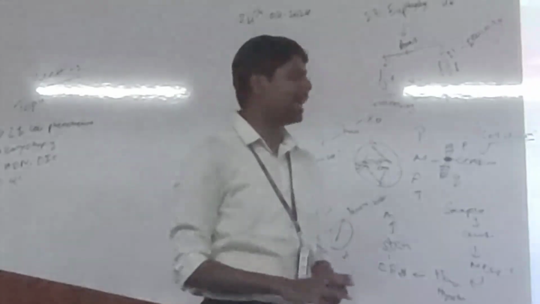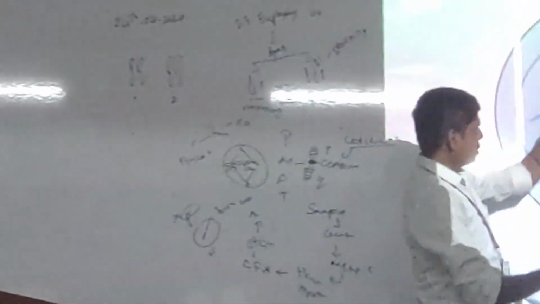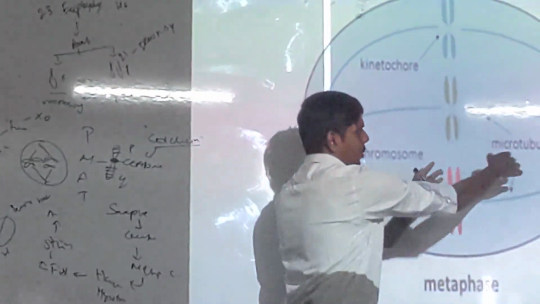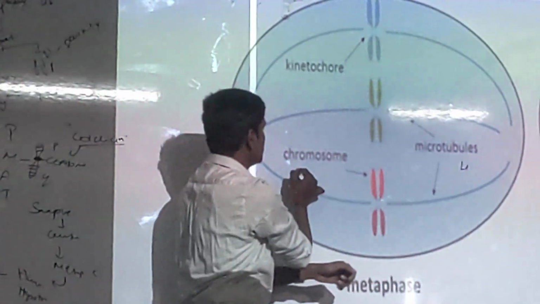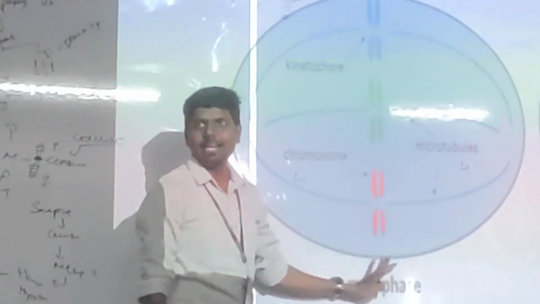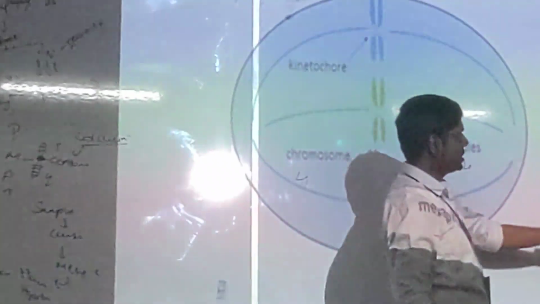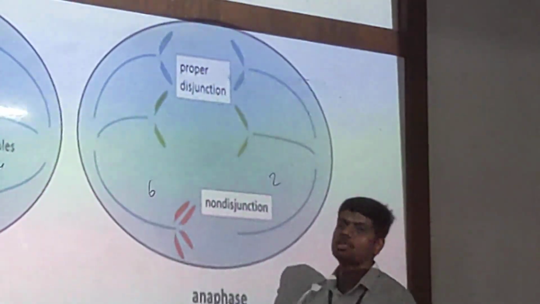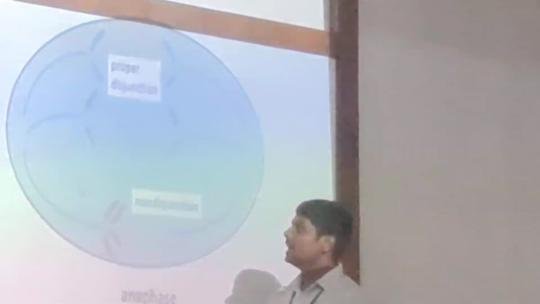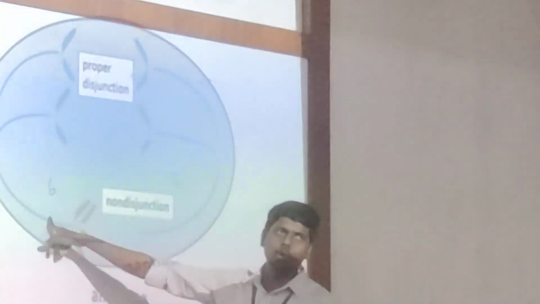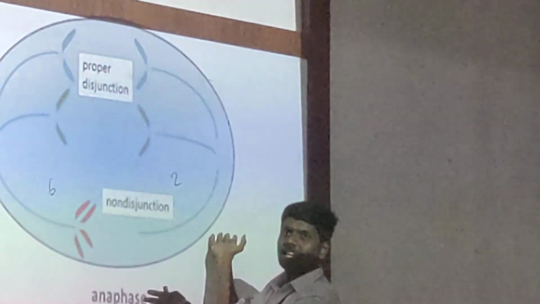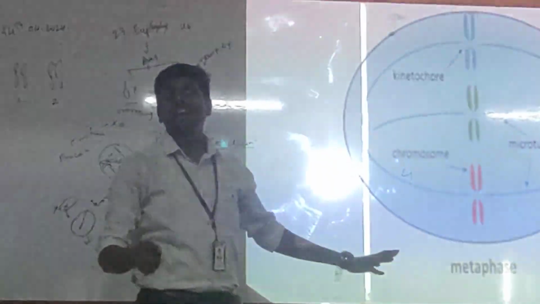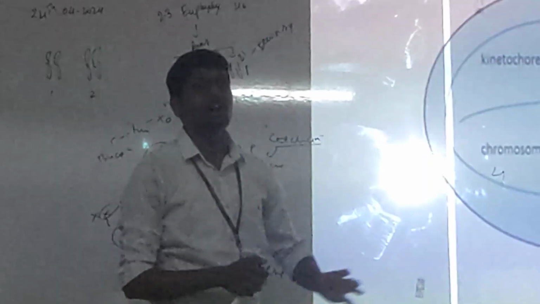This is a concept where the cell, usually with 4 chromosomes, should migrate 4 chromosomes here and 4 chromosomes here during metaphase. But due to non-disjunction, 2 chromosomes went here and 6 chromosomes here, leading to an abnormal cell. If this becomes a sperm or an ovum, either it will be a trisomic condition or a monosomic condition. That you understood. This is how trisomy and monosomy occur, and we can't predict this phenomenon, students.